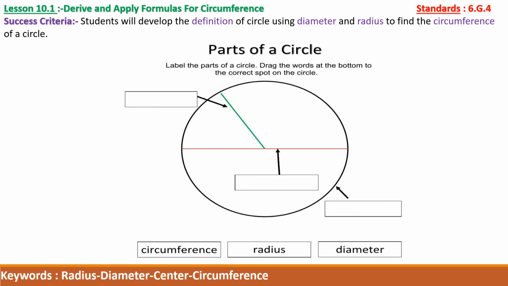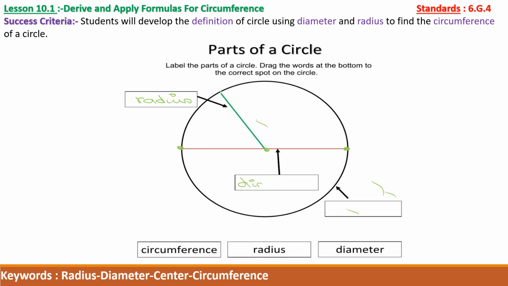Okay. So here, let's label the parts of the circle. This green line from the center to one point, what is it? Yes, it is our radius. That's true. Now, the line from one point to the other point of the circle, passing through the center, is said to be what?